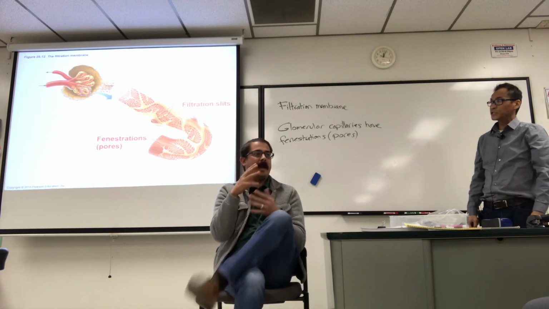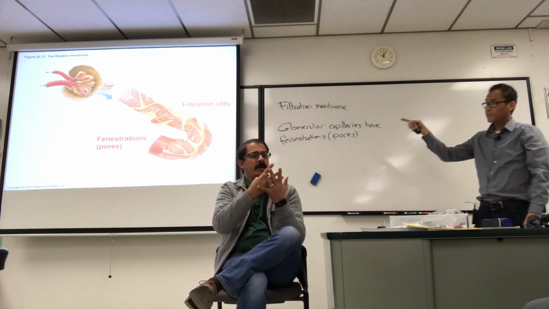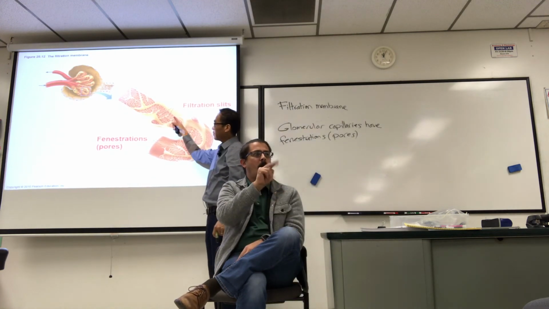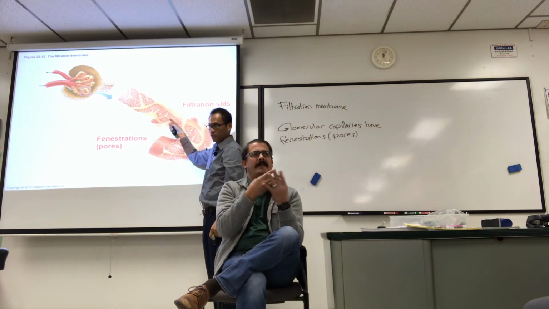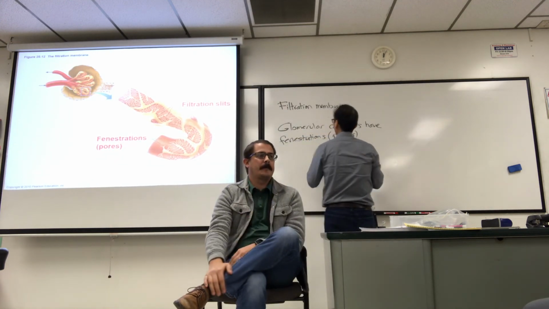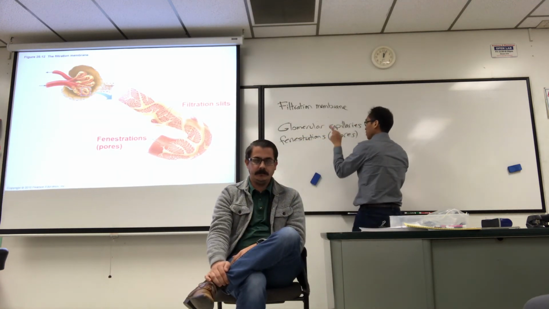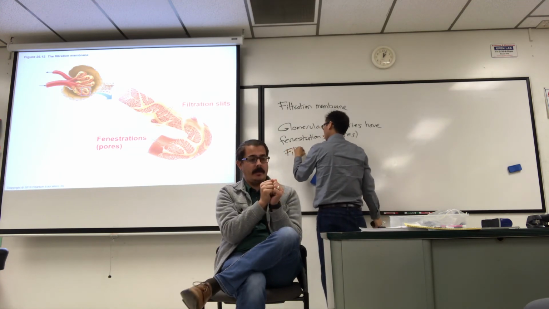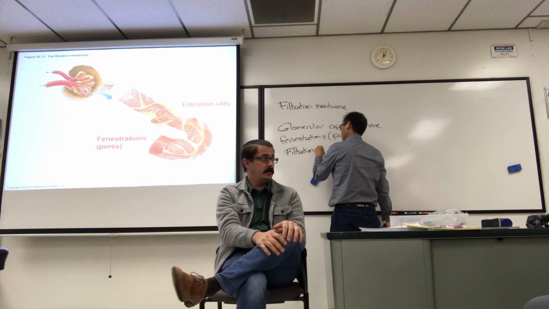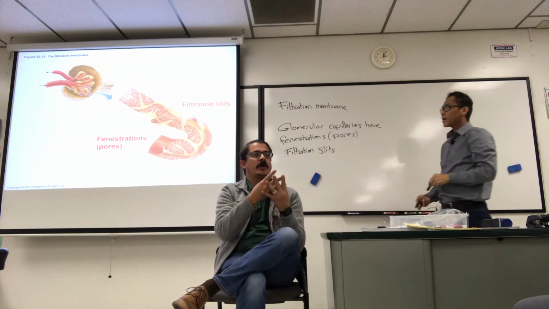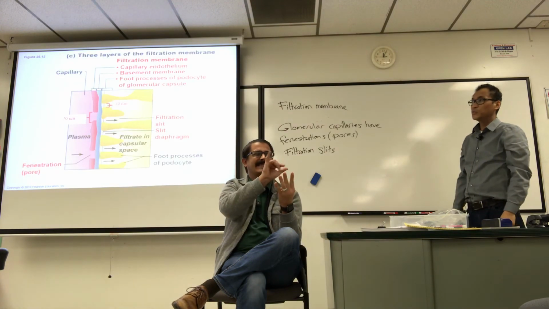And so the filtration slits by the visceral layer, the Bowman's capsule, the podocytes, they kind of limit the filtration. That makes you a better filter. You're more selective. So think about the fenestrations along with the filtration slits. Here's a diagram of how they're all kind of glued together.